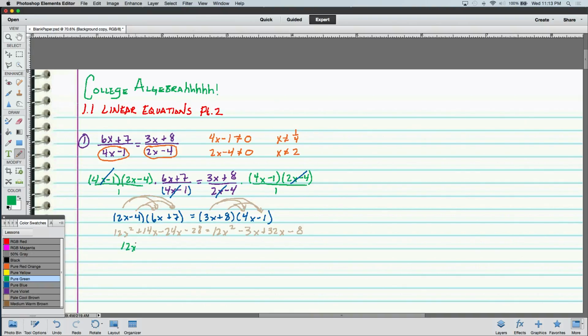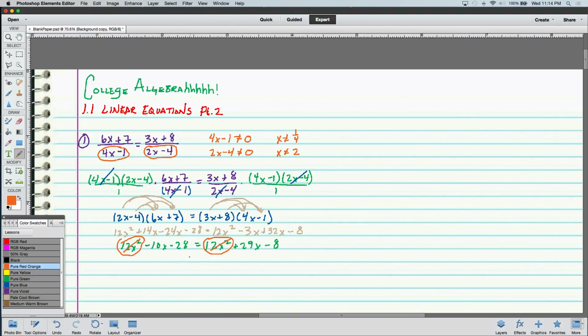So we'll have 12x squared minus 10x minus 28 equals 12x squared plus 29x minus 8. So we have a 12x squared here, 12x squared here. They're going to cancel.